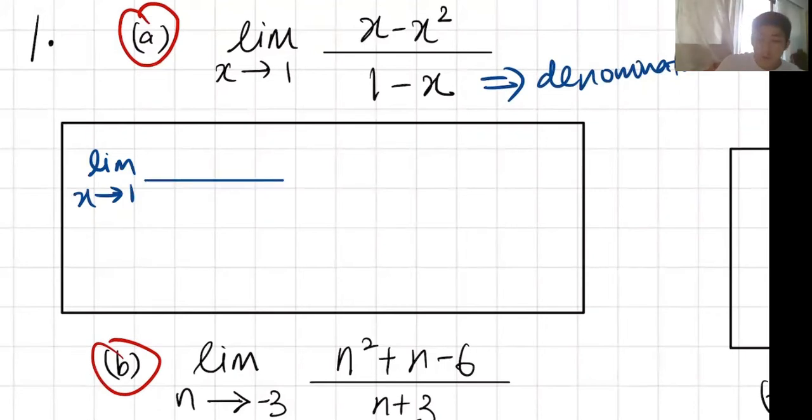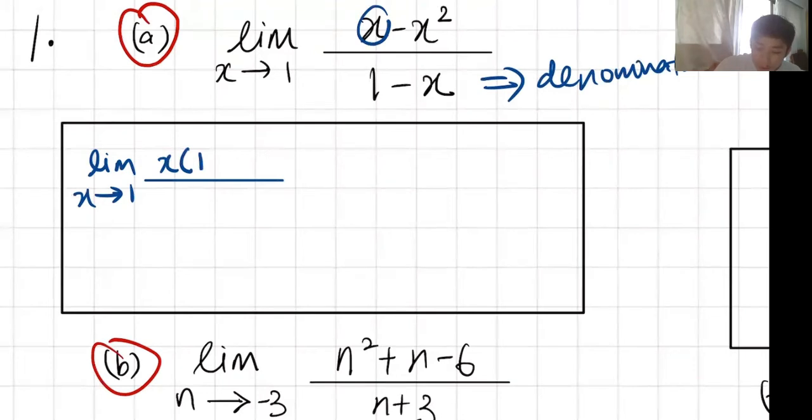So factorize the top, factorize the bottom. The bottom cannot be factorized any further because it is 1 minus x. For the top, you factorize x out. Basically, you divide every term by x, so I take x out: I divide the first term by x and I get 1, because x divided by x gives you 1.